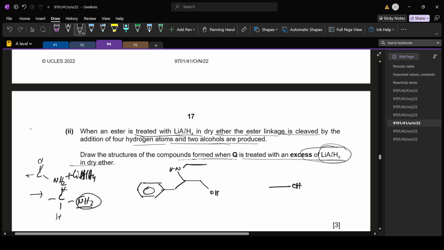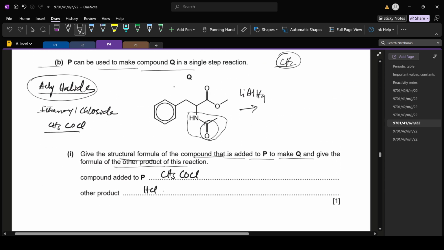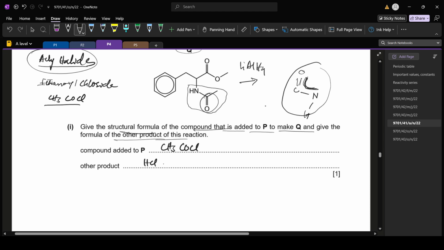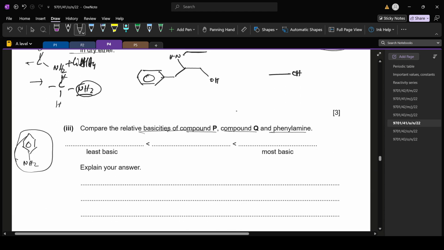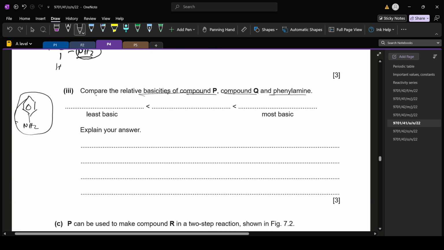So Q will be the least basic because the lone pair on nitrogen will be delocalized in this group, this amide group. You have also learned that amides are not basic or very less basic in nature.